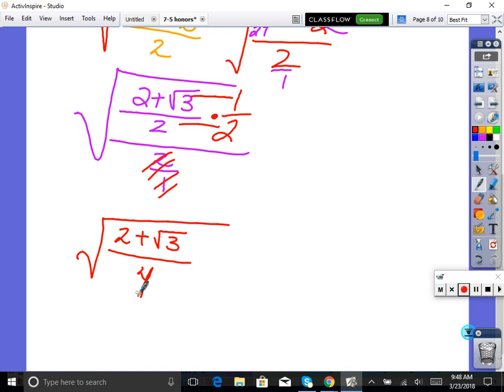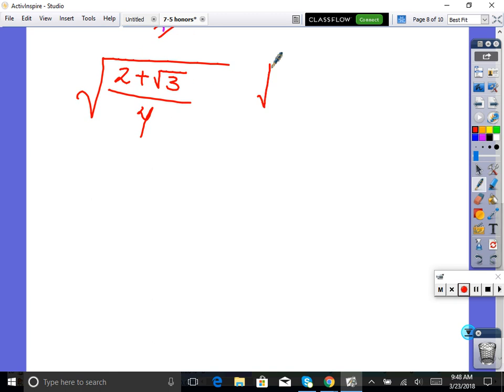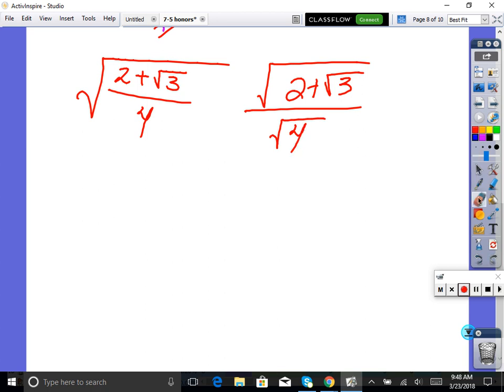Now because we have a fraction on top, we can split up the top from the bottom, which is a good idea since the 4 can simplify. So we have the square root of 2 plus root 3 all over the square root of 4, which is 2. And then do we even need to rationalize the denominator now? Nope. So there is your answer. That's the sine at 105.